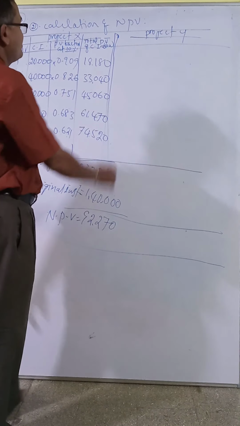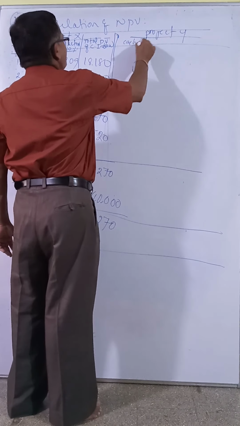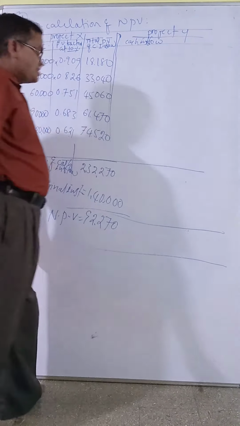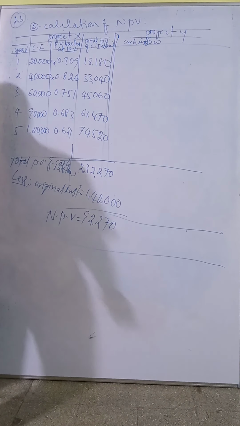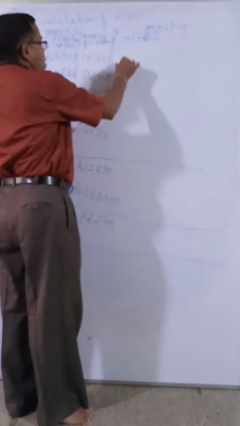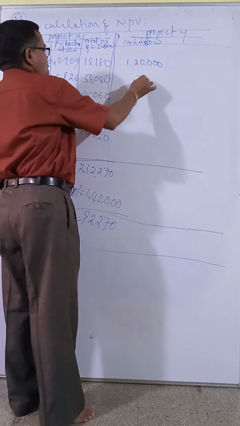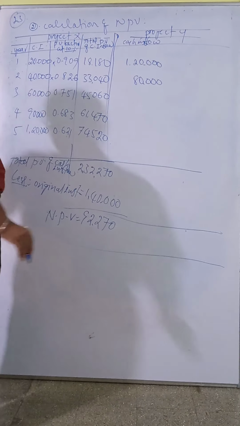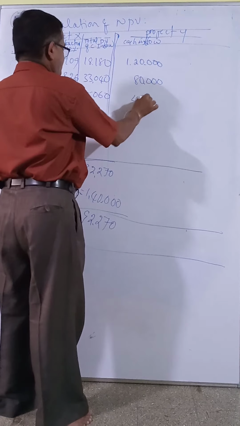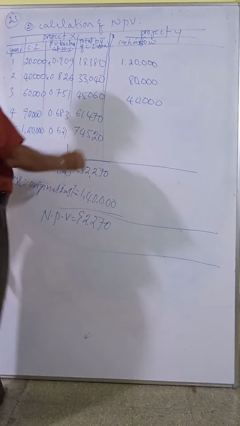Then just write cash inflow of Y project, which is given: 1,20,000, then 80,000, then 40,000, then 20,000, 20,000.